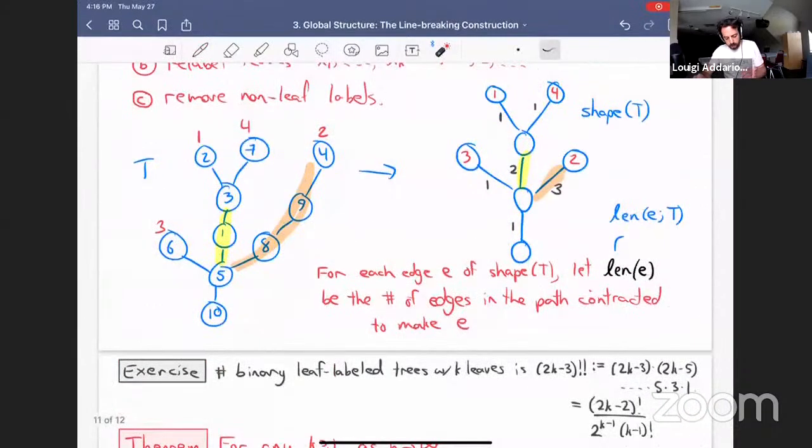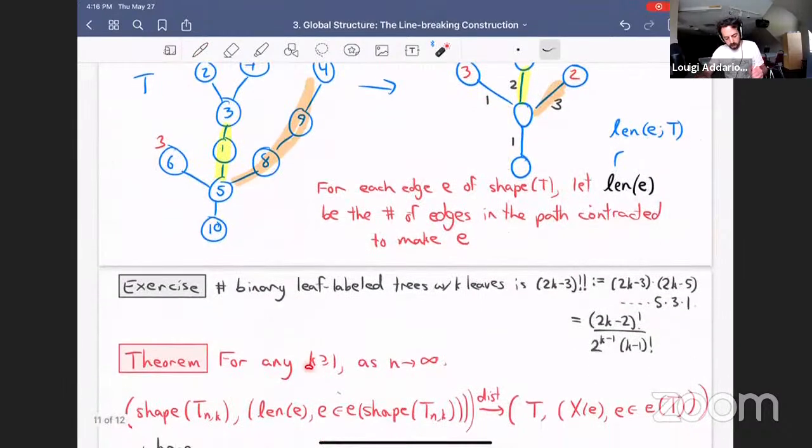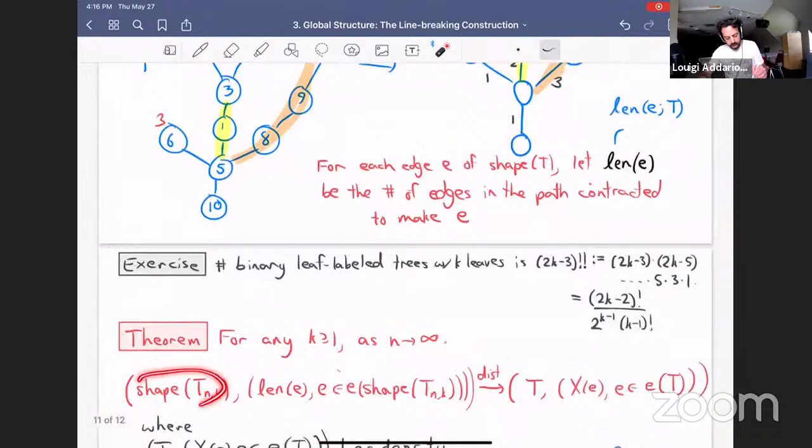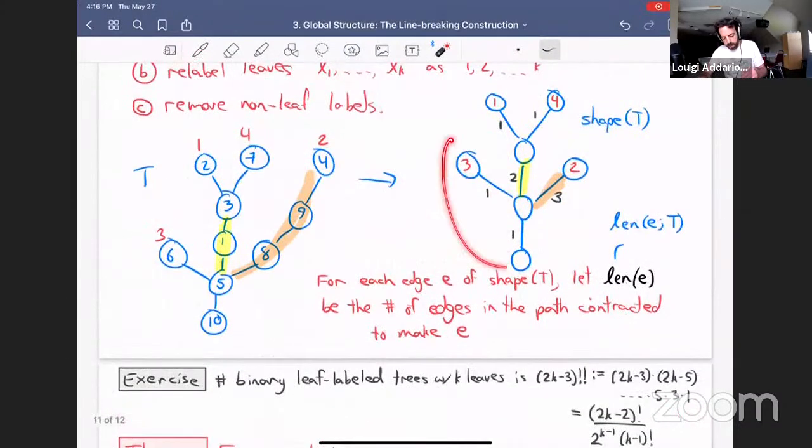In this example, those are these edge lengths. If you imagine that this is the random tree and we were interested in k equals 4, then the shape would be this leaf labeled tree here, and the edge lengths would be this vector of edge lengths here in some canonical order.